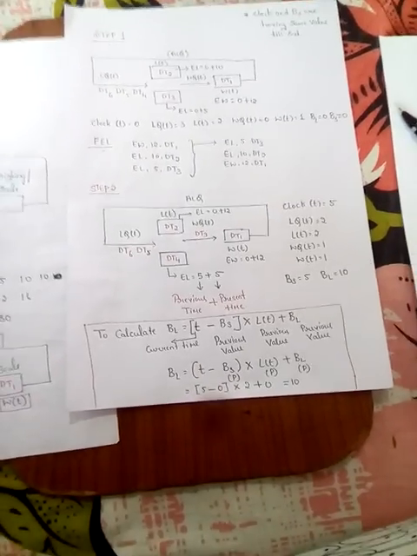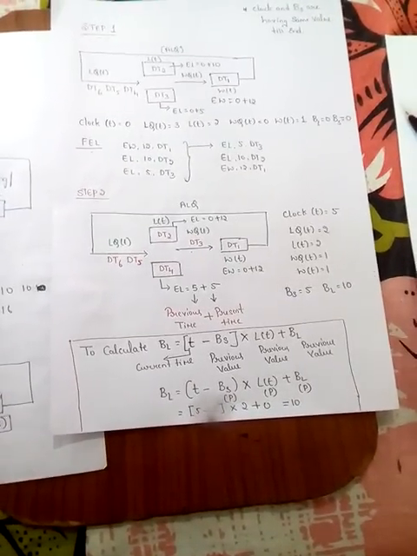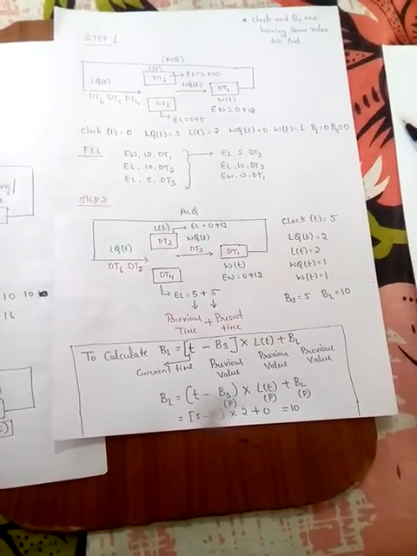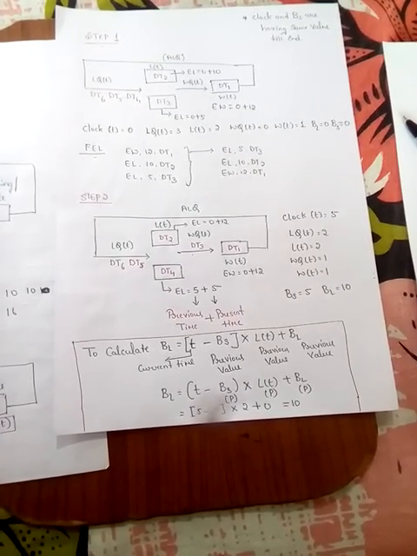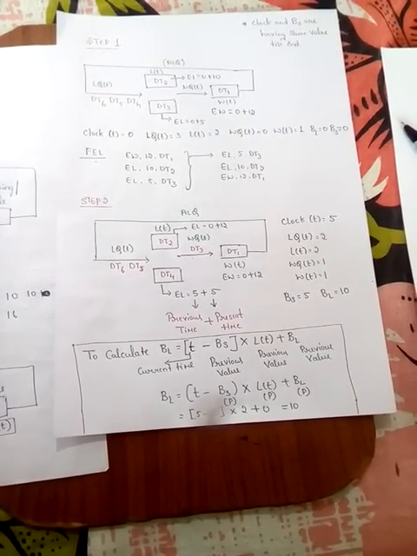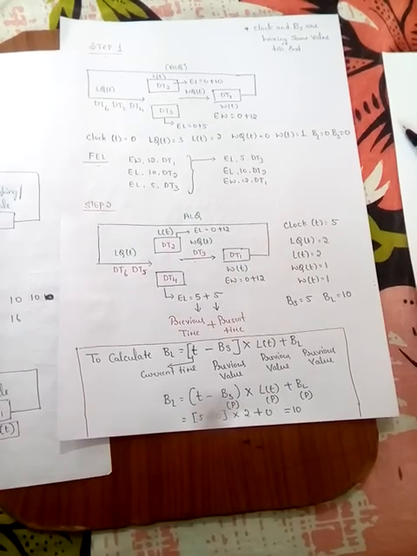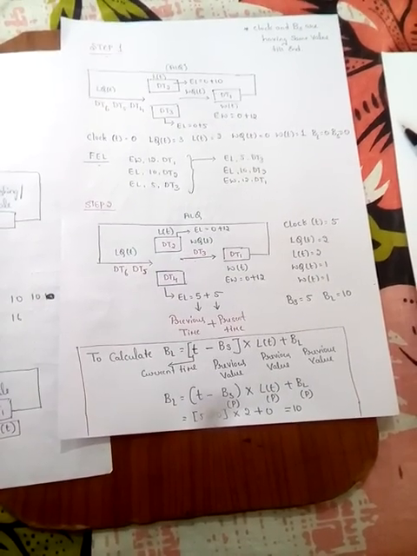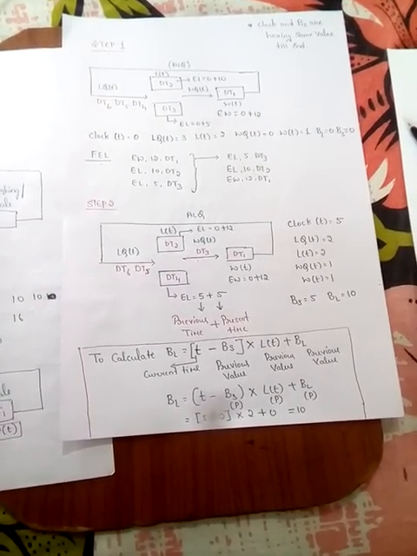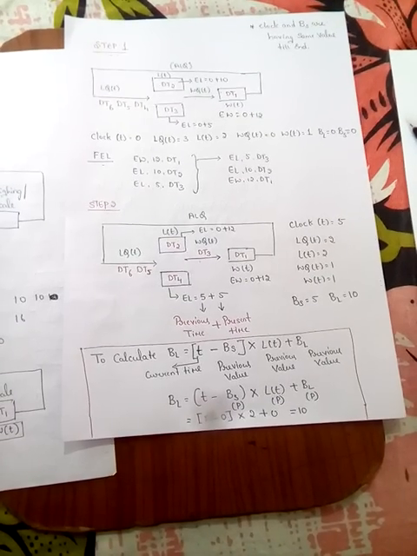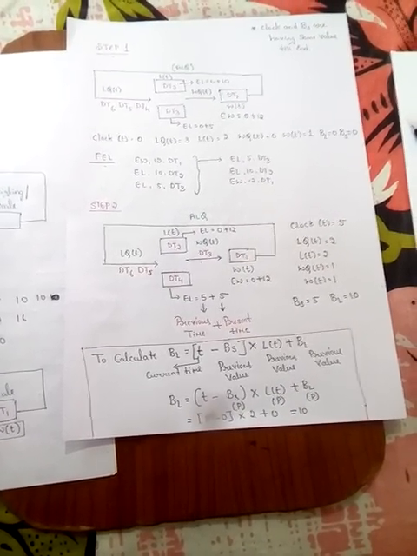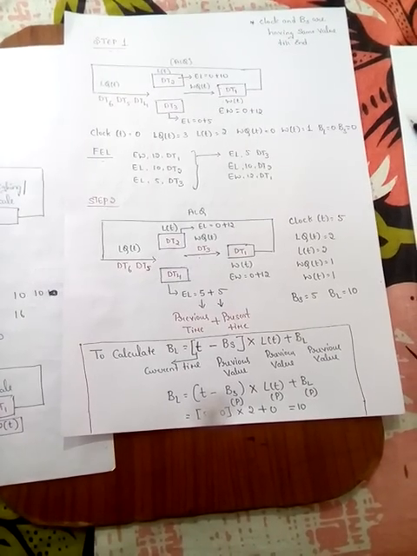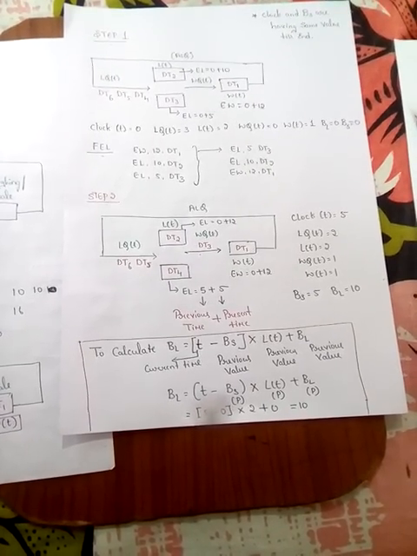How to calculate my busy line value? There is a formula here: BL equal to clock time minus busy service. For the busy service here, you will take the previous process value, meaning the step 1 value of BS into the step 1 value of L of T, plus the step 1 value of your BL.